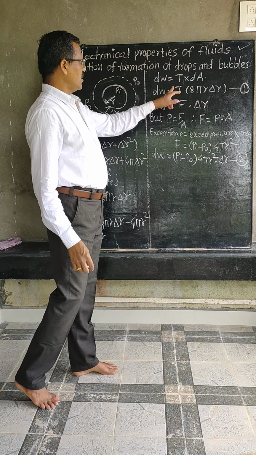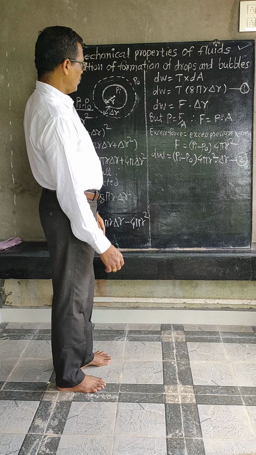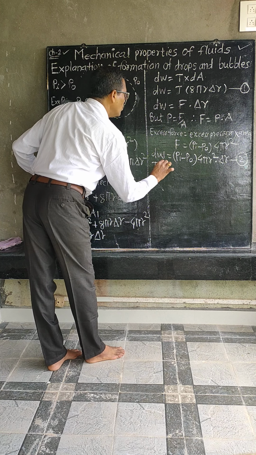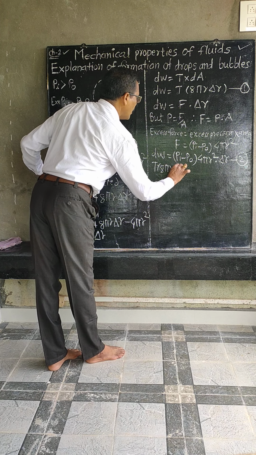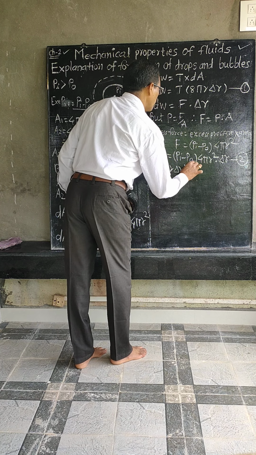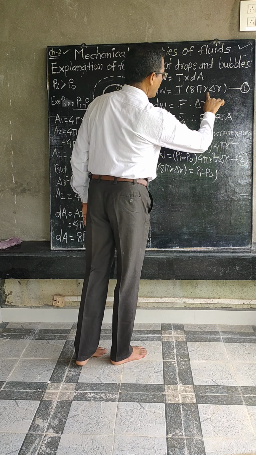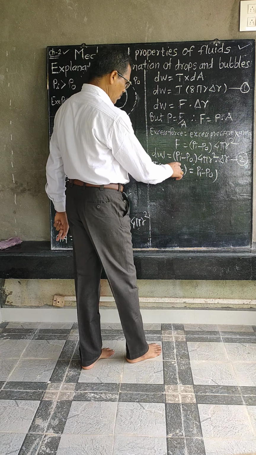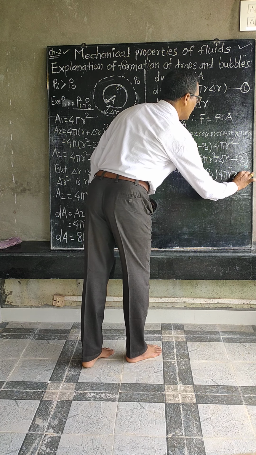Let's compare equation 1 and equation 2. From these two equations we can write T into 8 pi r delta r is equal to (Pi minus Po) into 4 pi r square delta r.